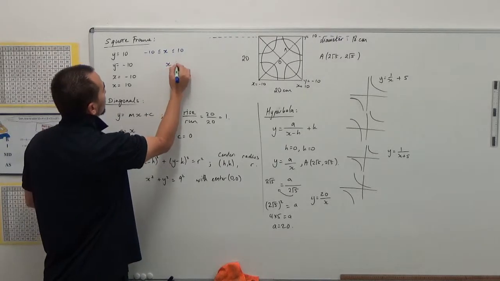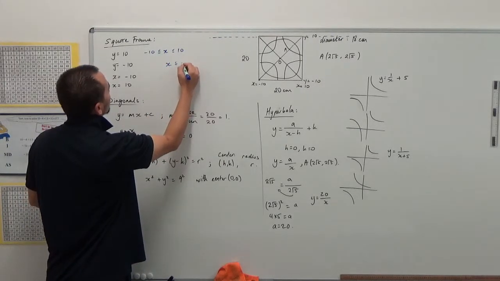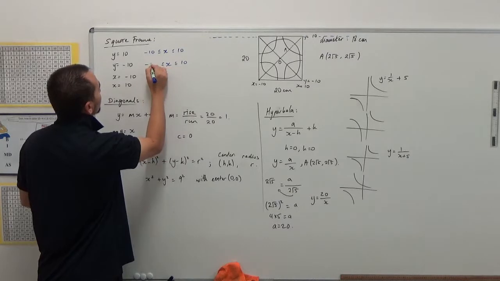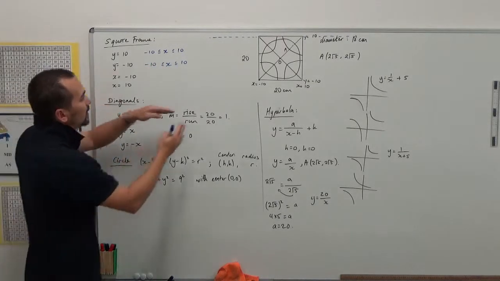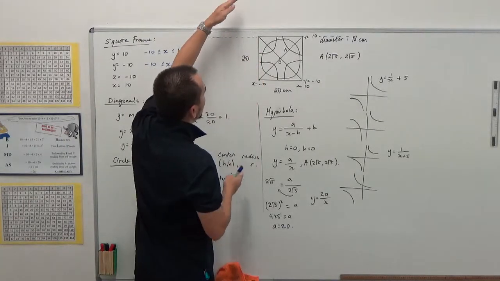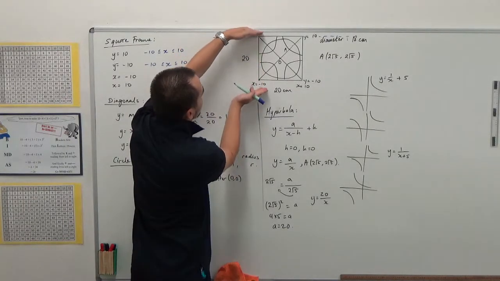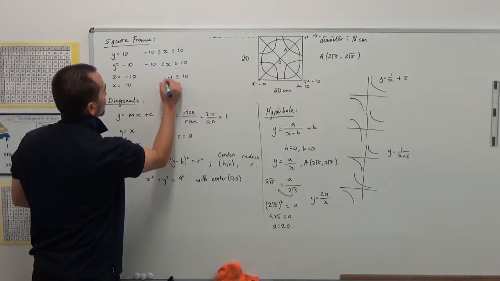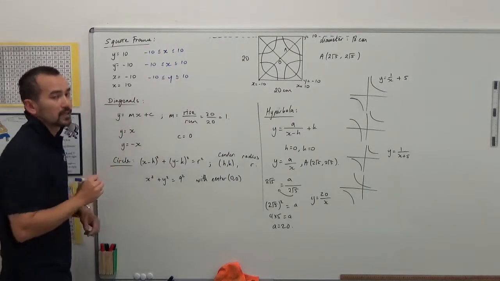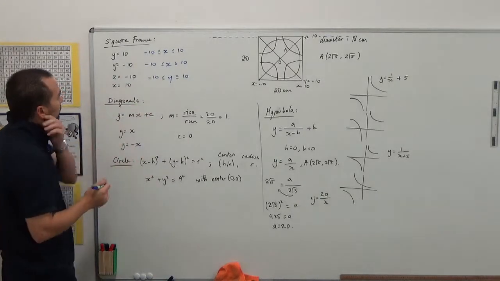Likewise for the second horizontal line. For x equals negative 10 and 10, that's stretching this way. We have to restrict that range to negative 10 and 10. So we're saying that the range y is being restricted.